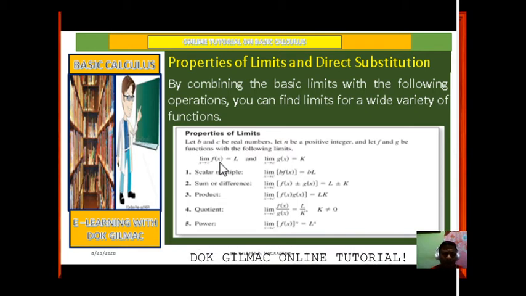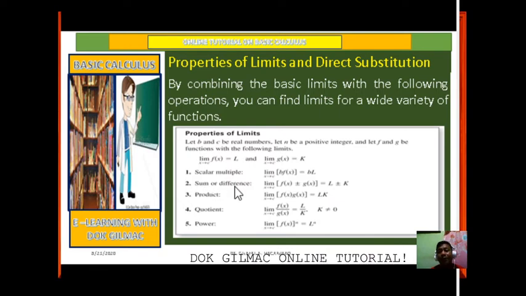The limit of f of x as x approaches c is equal to L, and the limit of g of x as x approaches c is equal to k. Then we have the scalar multiple: the limit of b times f of x as x approaches c is equal to b times L.